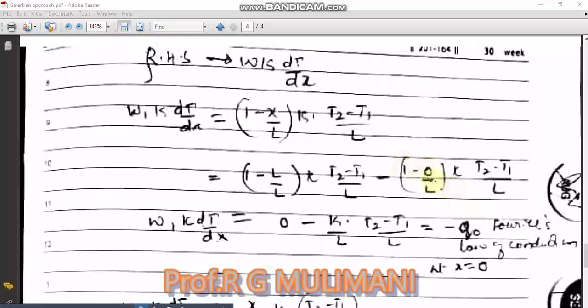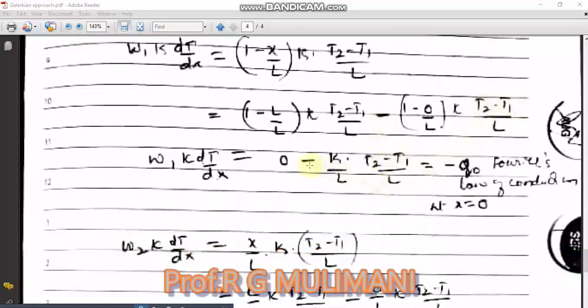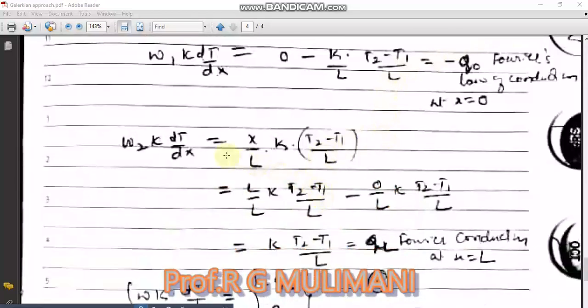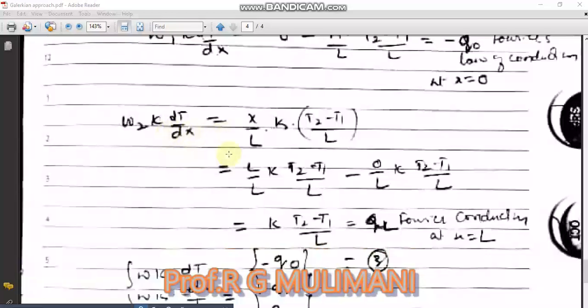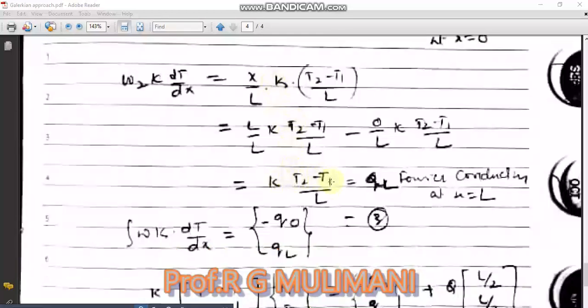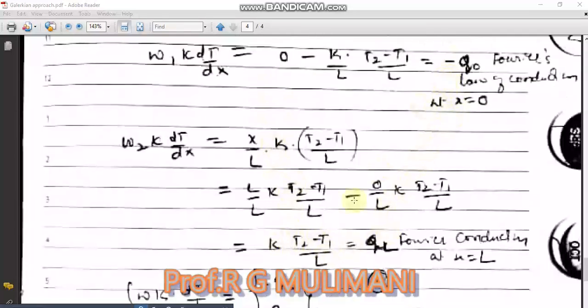Here, 1 minus 0 by L, where 0 by L is 0, so it is only k into (T2 minus T1) by L, with a minus sign, so minus k by L (T2 minus T1). Similarly, we need to consider the other weighting function W2, which is x by L. Applying the upper and lower limits, we have k (T2 minus T1) by L. We have got the same values here, but one negative and one positive.